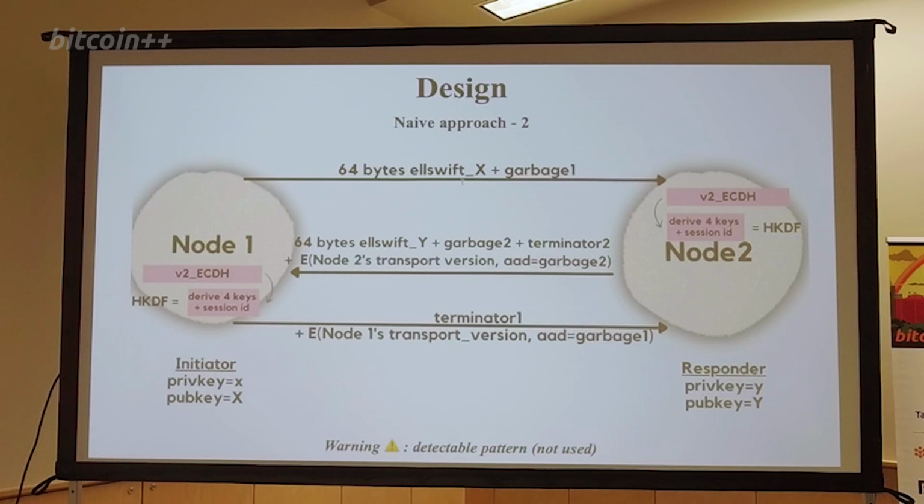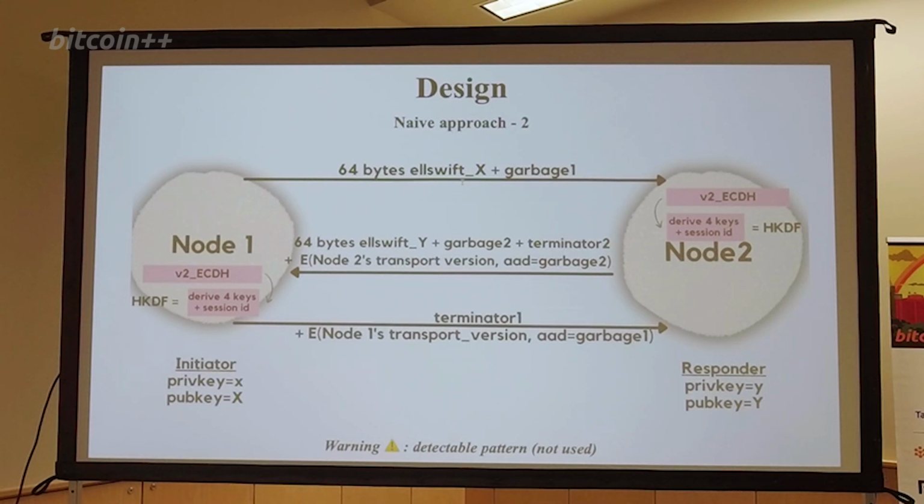So they will be able to derive the keys to encrypt and decrypt, and also the garbage terminator. So node 1 will know when the garbage from node 2 terminates. Then everything else is the same: you still send the transport version, and node 1 also responds back with the terminator and the transport version. But this is still bad.